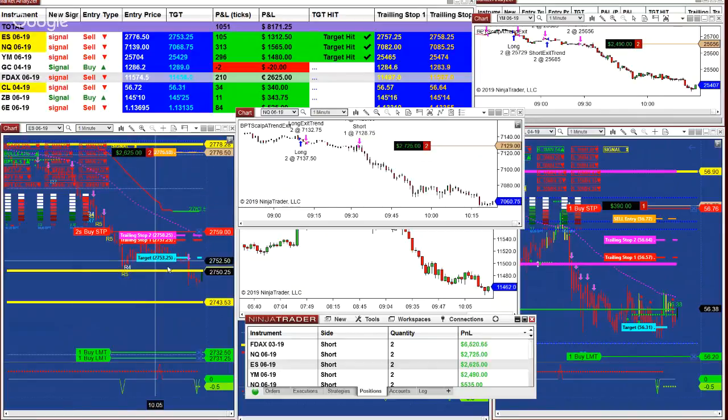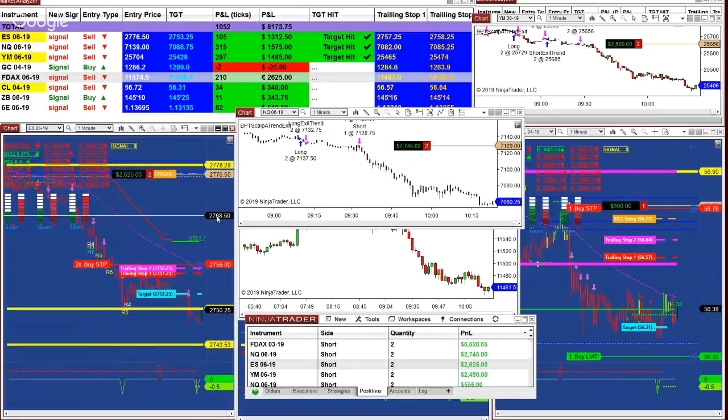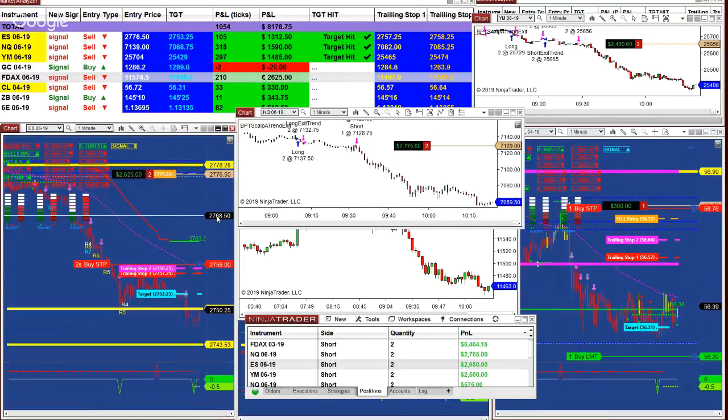As you see, there is nothing left on the short trade with the ES, and now we are looking for a new signal, and I hope we will get one.